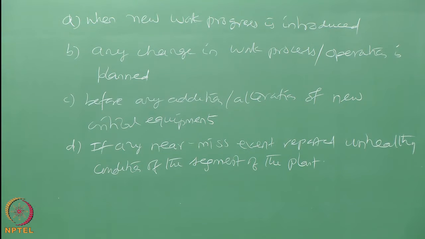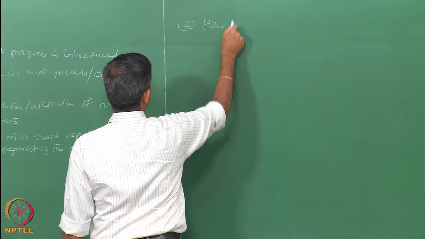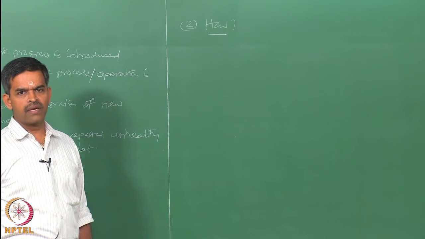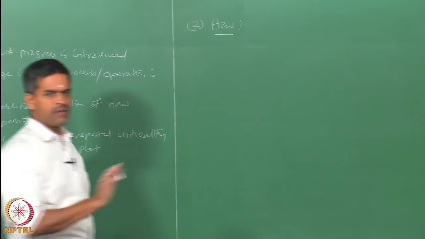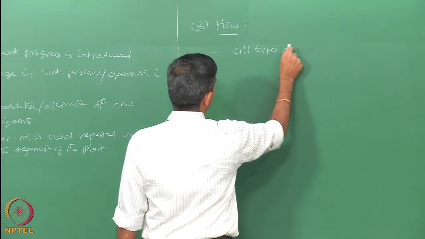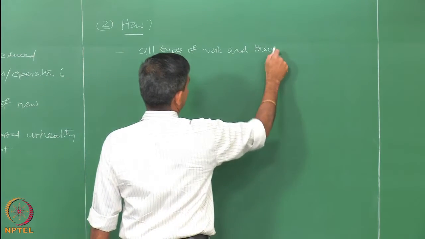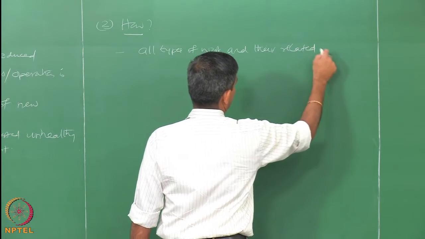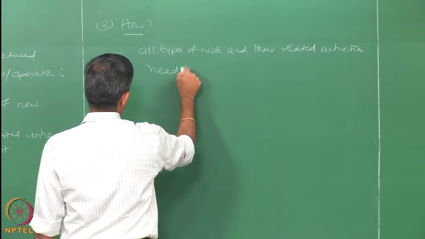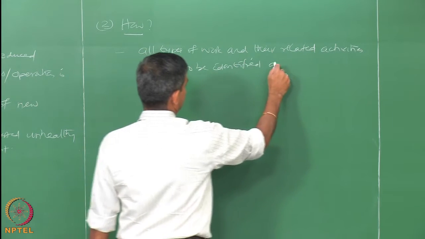The next question comes, how do you do it? All types of work and their related activities need to be first identified and listed.